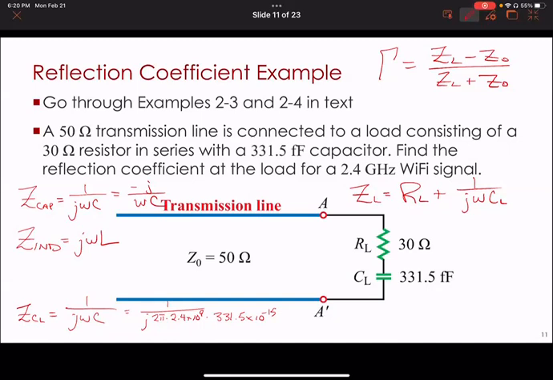So all this is in the denominator. So can someone punch that in? I'll bring the j upstairs, so it becomes minus j. And so the rest of it is really just 1 divided by 2 times pi times 2.4 times 10 to the 9 times 331.5 times 10 to the minus 15. Let's see if anybody else gets the same thing.